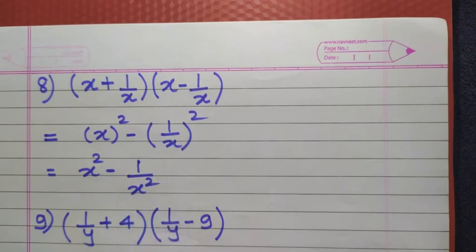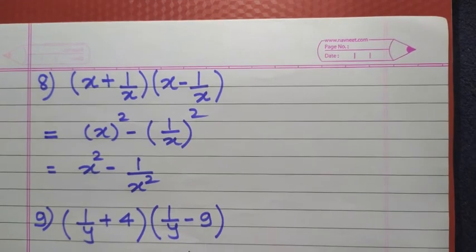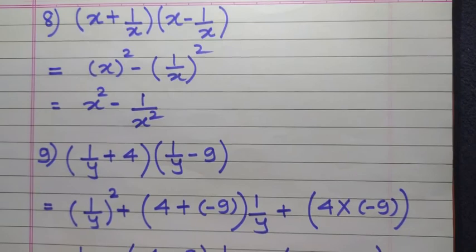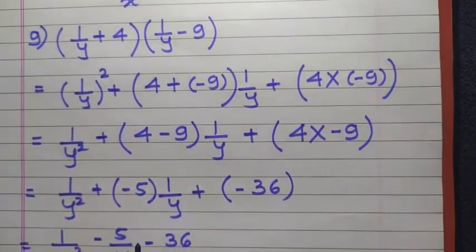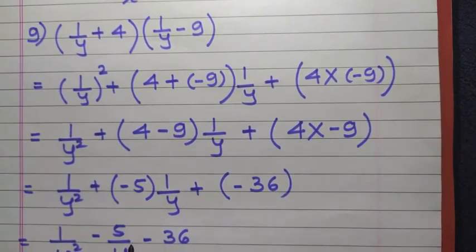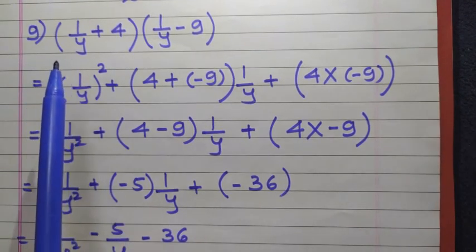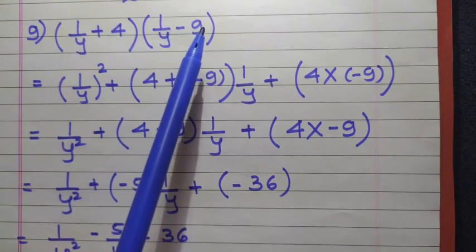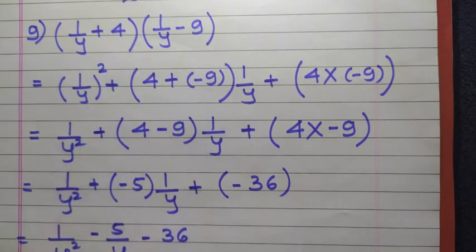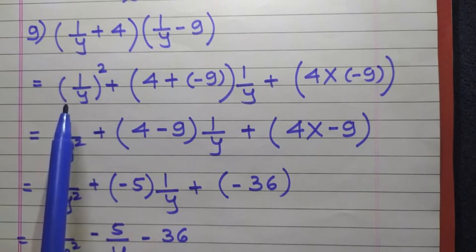Now let us turn towards the next example. See example number 9. It is (1/y plus 4) into (1/y minus 9). Here 1/y is the common term, whereas 4 and minus 9 are uncommon terms. So by formula, it is the square of the common term.